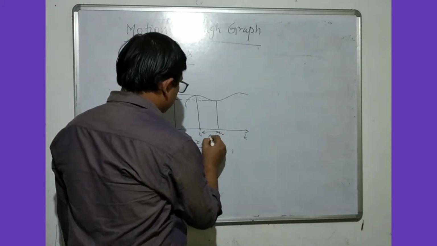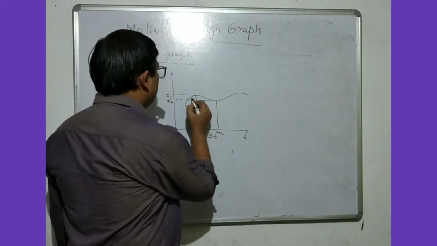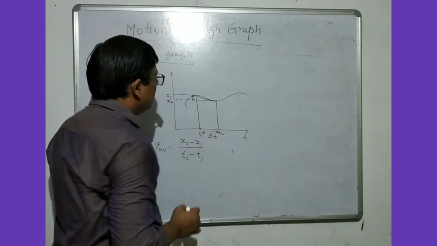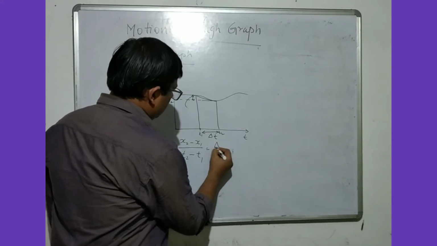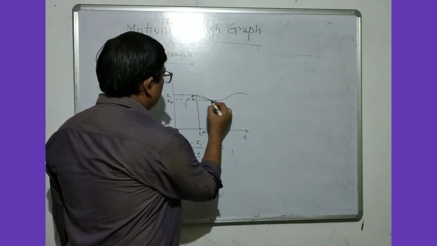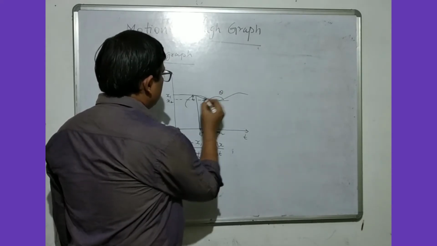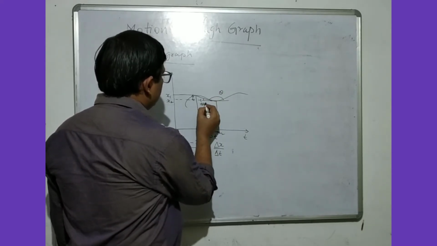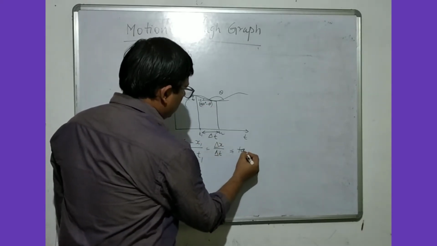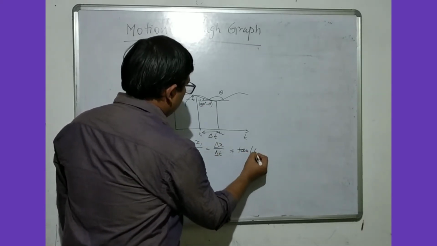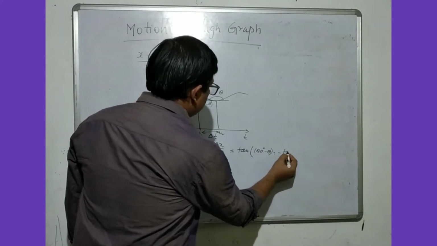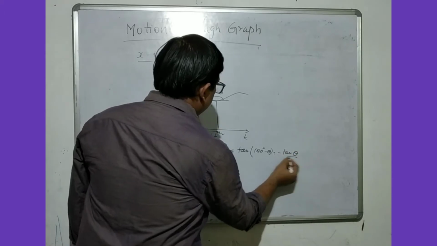So this is del t, the time taken, and this is the difference, del x, and this gives the slope. This is theta, and this is 180 degrees minus theta. So here this will become tan of 180 degrees minus theta, that is minus tan theta.